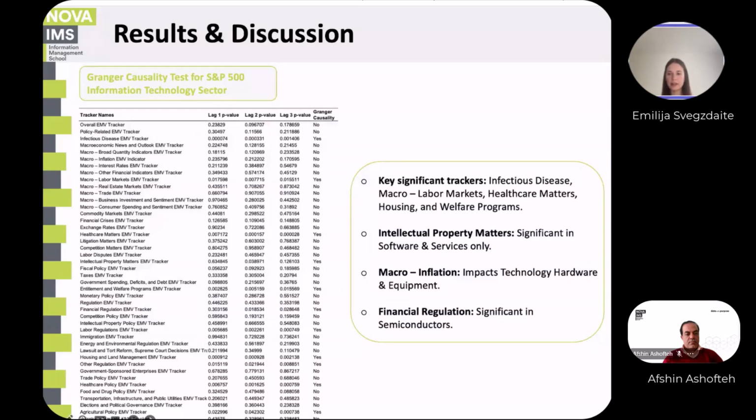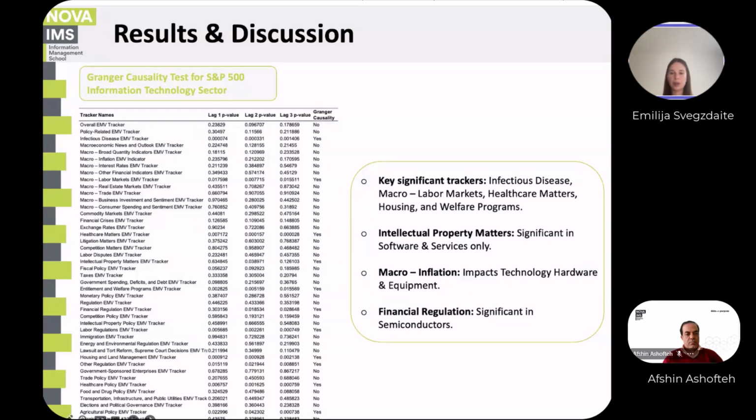On the other hand, sector-specific factors like IP matters are particularly important for software services, given the sector's reliance on proprietary technologies.